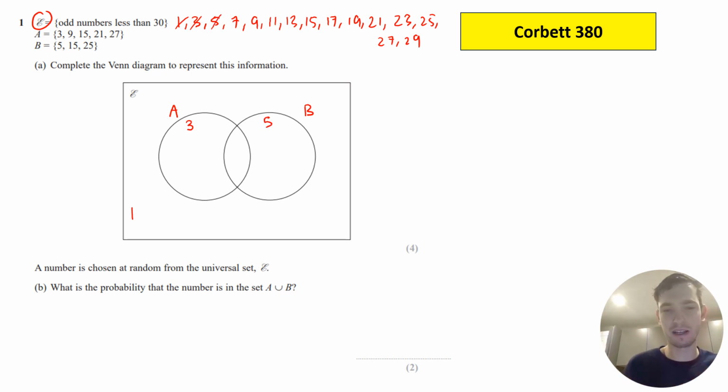And not going to go through the rest of them. I'm just going to do it myself because it is the same principle. 9, 11, 13. Okay, 15 is in A and B, so 15 goes in the middle.